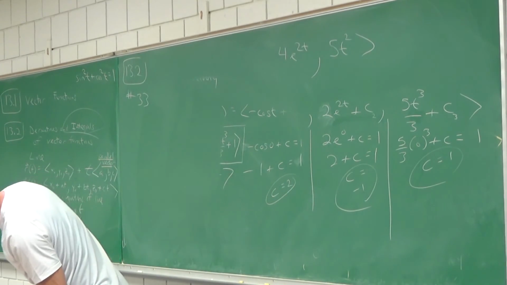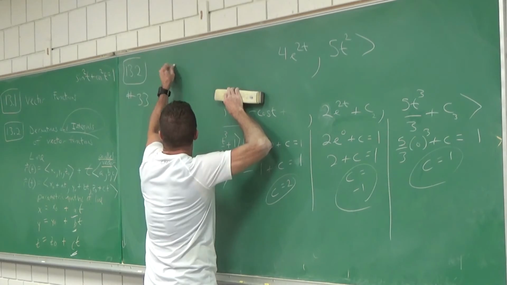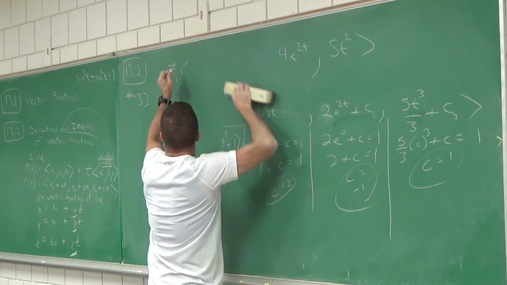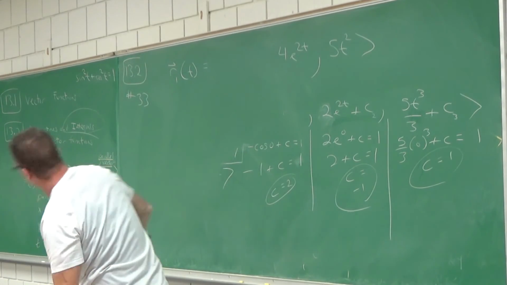Find the angle of intersection of these two vector curves. R sub 1 is t, t squared, t cubed.